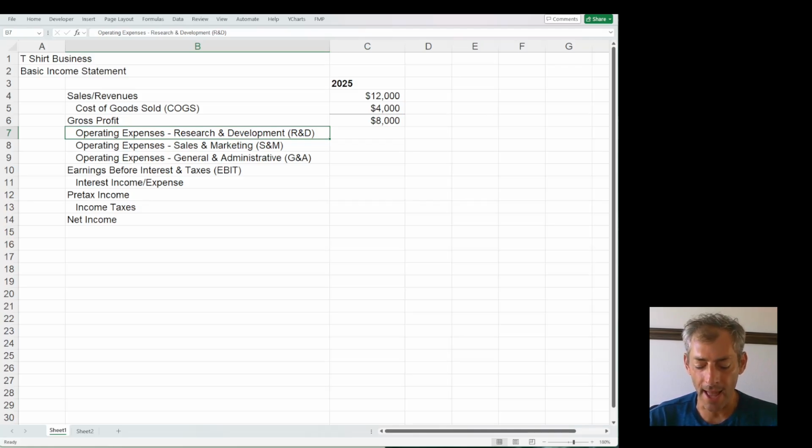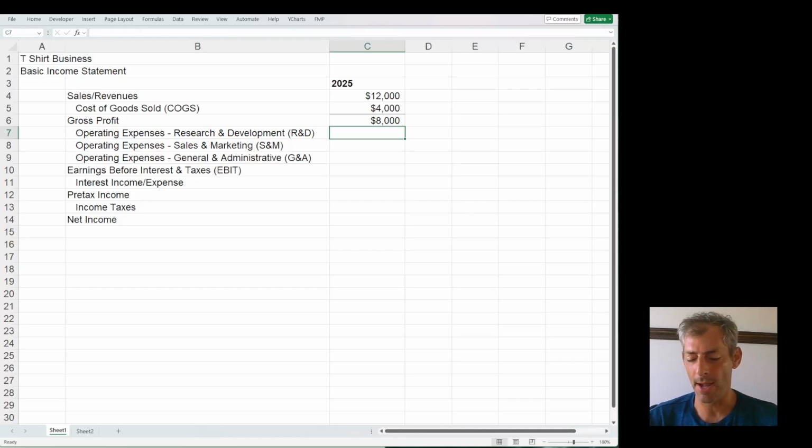This might be the salary of a person, or the portion of their time that they're spending researching this stuff. Or maybe they're buying special ink and just that part that's specifically spent towards research. And let's just say when we add all those numbers, they spend $750 on that.